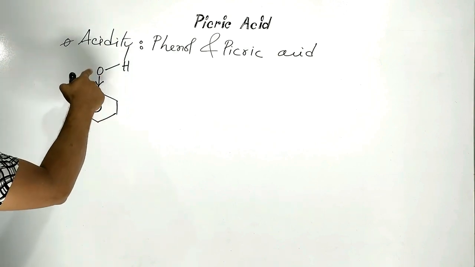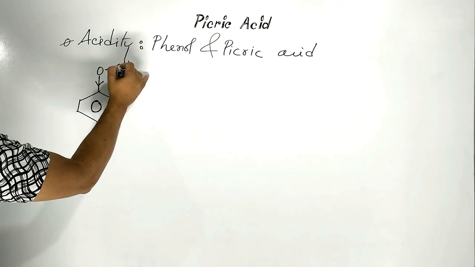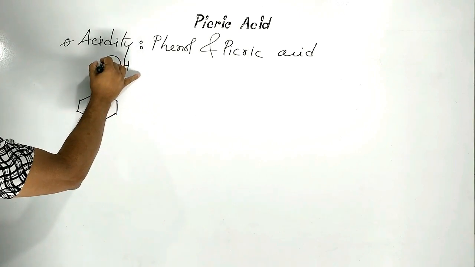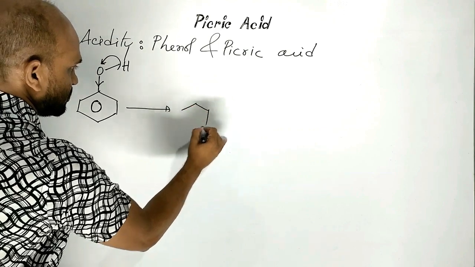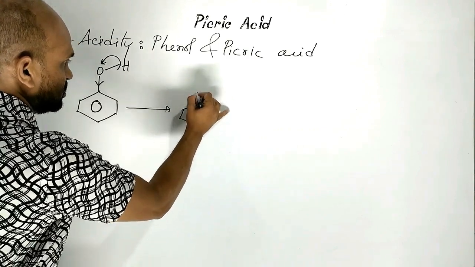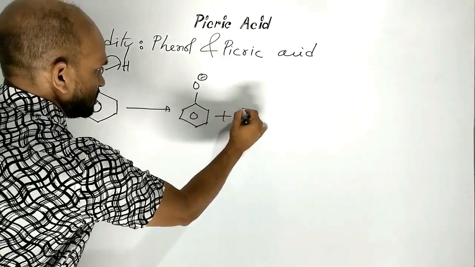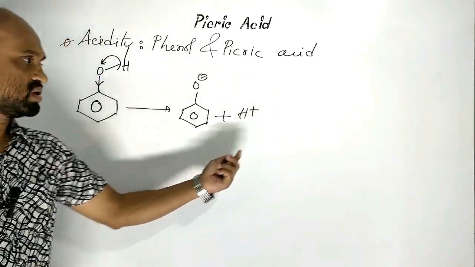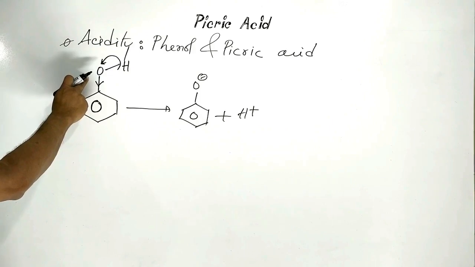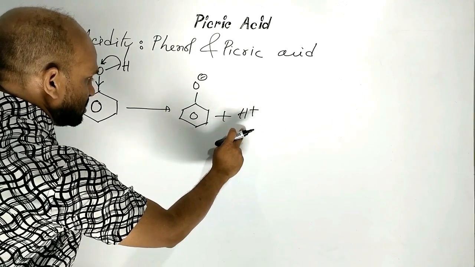As a result, oxygen-hydrogen bond undergoes heterolytic fission, and finally phenoxide is formed and proton is formed. In this way, phenol shows acidic nature.